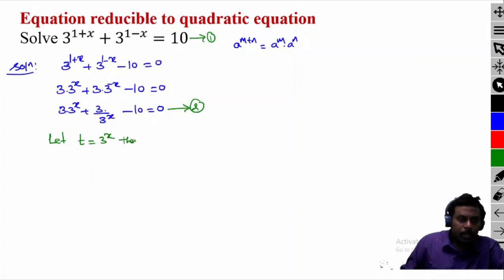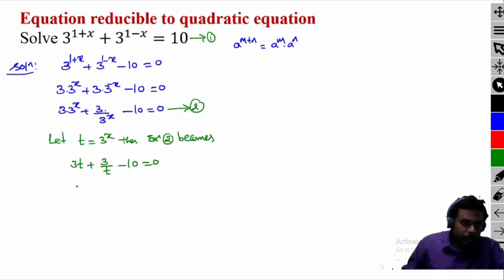Then equation 2 becomes the following: 3 into t plus 3 by t minus 10 is equal to 0.